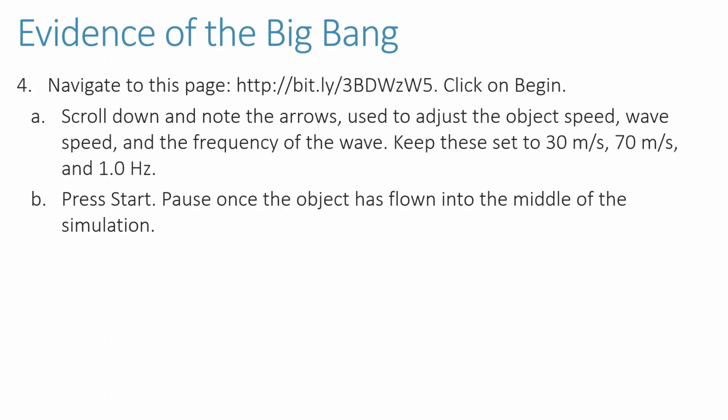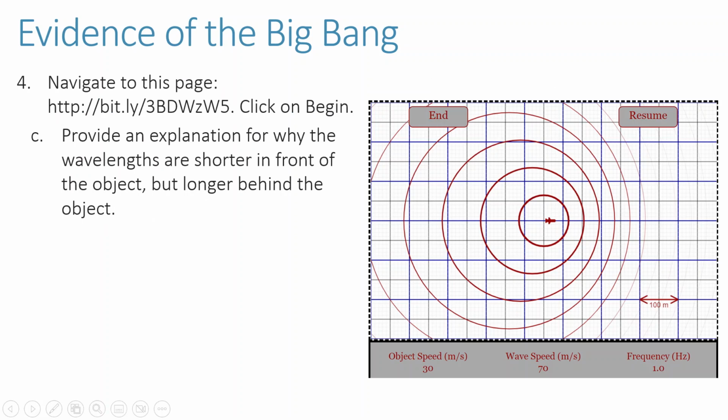The wave speed is 70 meters per second, and the frequency is 1 hertz, which is 1 wave per second. We want to press start and pause once the object is in the middle of the simulation. So we should have a picture that looks something like this.